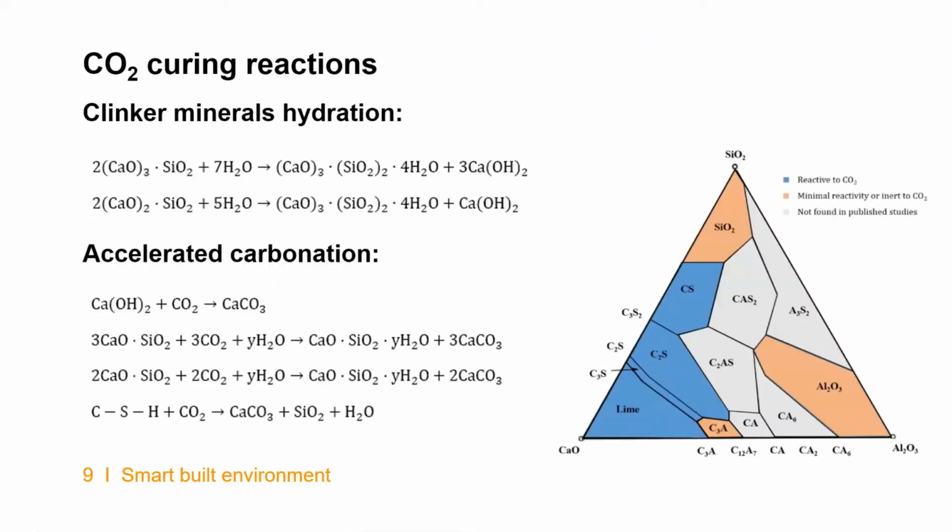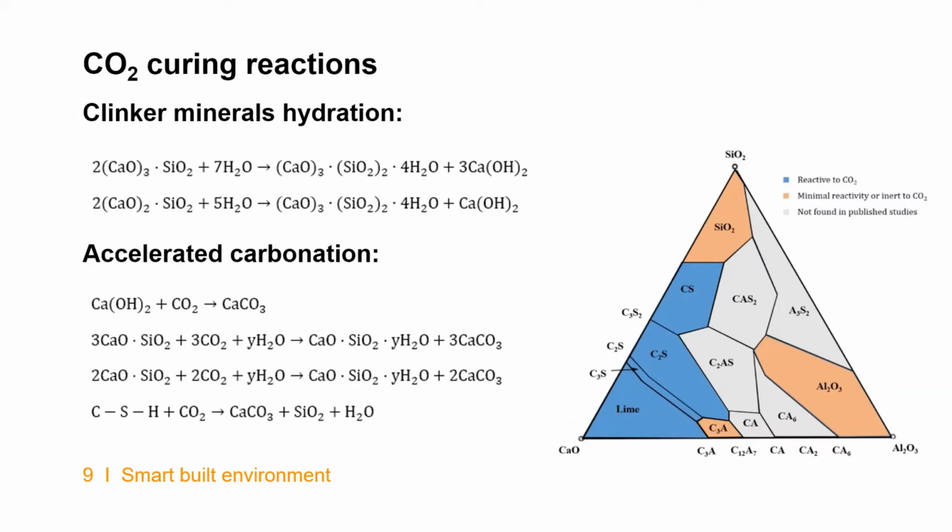So, the chemical reactions of carbon dioxide curing. When concrete is exposed to CO2 in a natural environment or in a concentrated environment, the gas penetrates through surface defects, pores, or cracks. The carbon dioxide reacts with cement hydration products. The hydration should start first, and then carbon dioxide reacts with calcium hydroxide, which forms calcium carbonate.